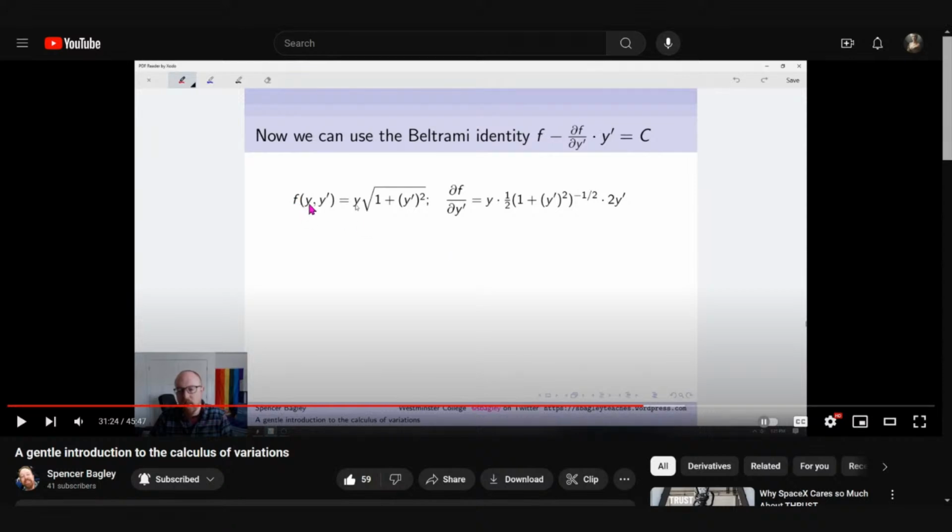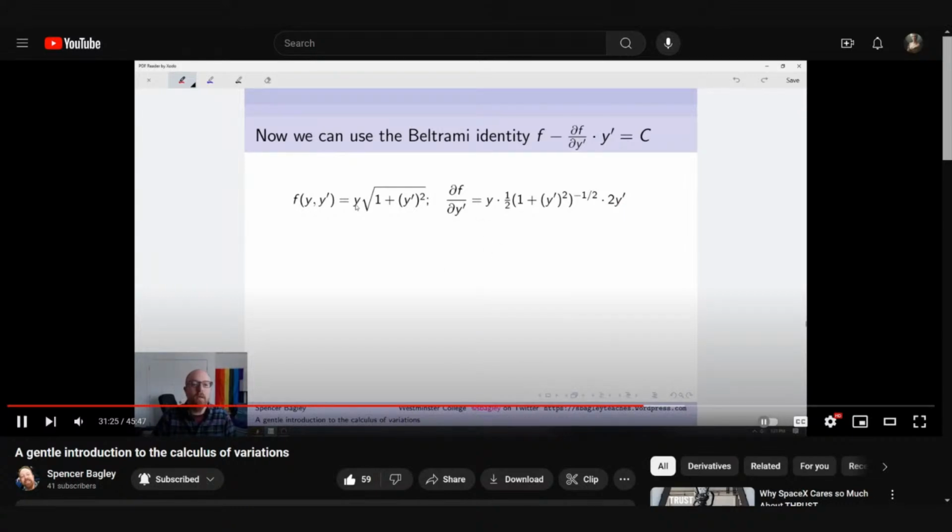So f of y prime is, this is from before. So the partial of f with respect to y prime is y, right, so this is 1/2 times that, times 2y prime, yep.